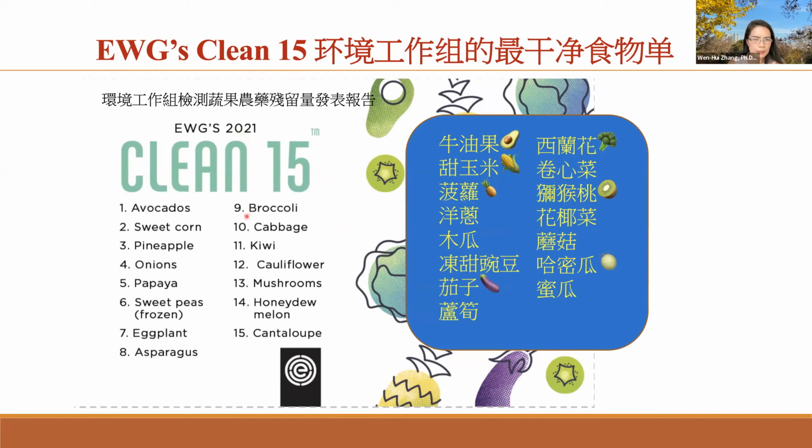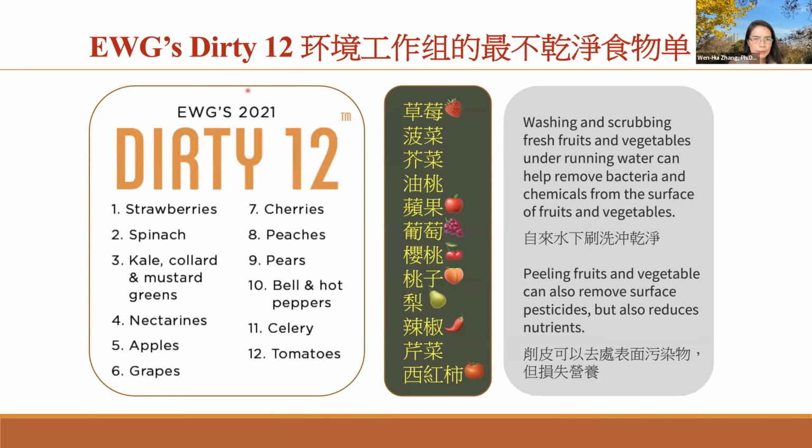The Clean 15 are 15 foods that have the least amount of pesticide and insecticide residues, like avocados, sweet corn, pineapple, onions, papaya, sweet peas, eggplants, asparagus, broccoli, cabbage, kiwi, cauliflower, mushrooms, honeydew melon, and cantaloupe. Now, the Dirty list for 2020 had strawberries on the very top.